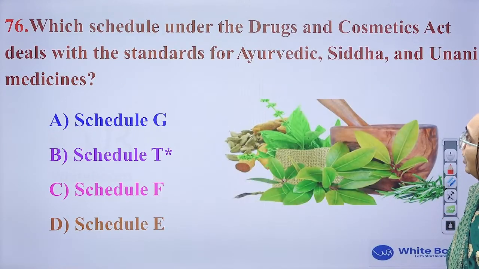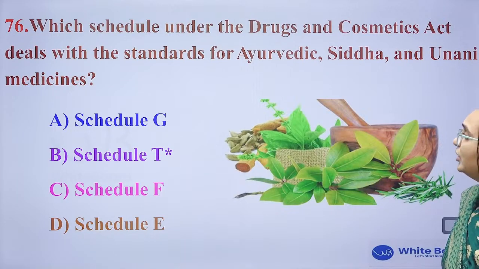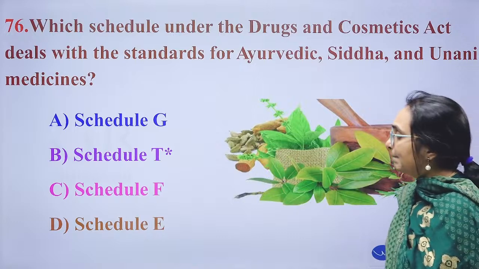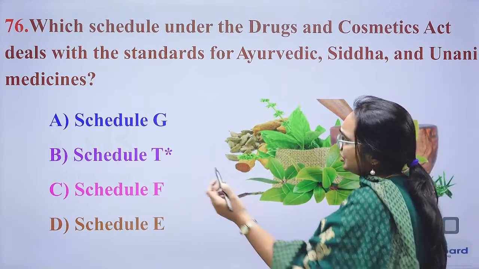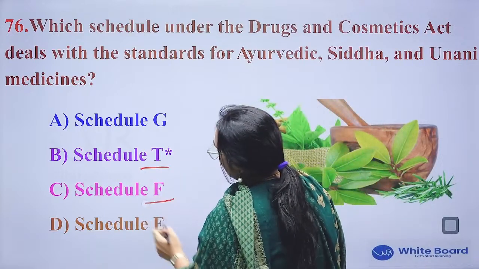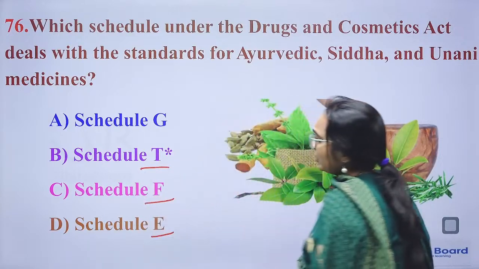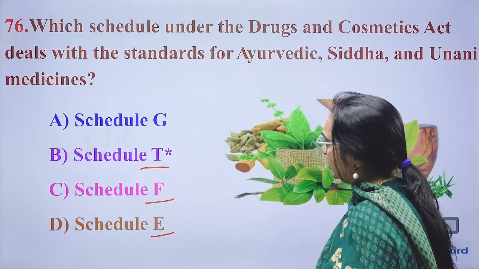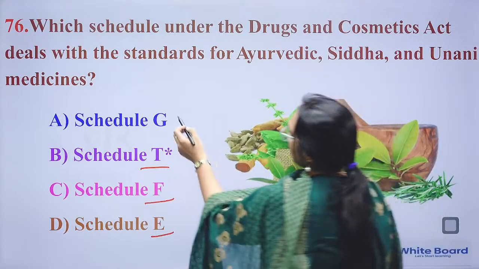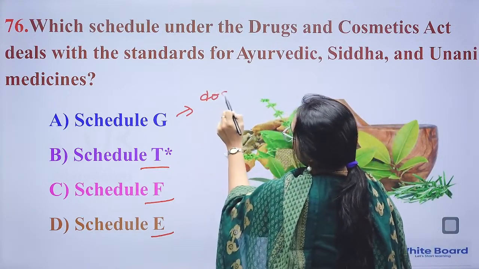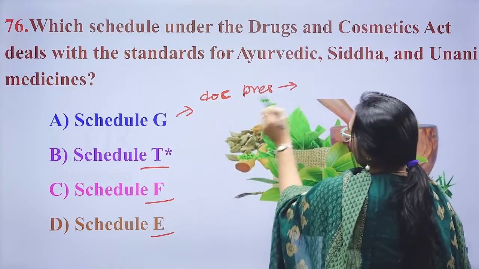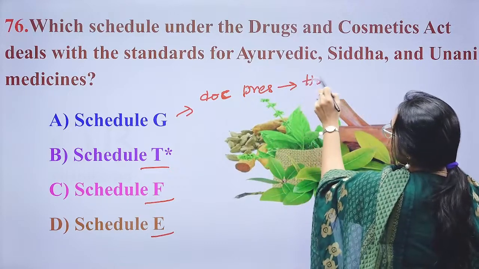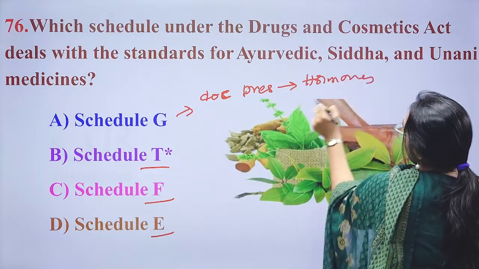Which schedule under the Drugs and Cosmetics Act deals with the standards of Ayurvedic, Siddha and Unani medicines? Schedule G, Schedule T, Schedule F, Schedule E. Schedule G gives you the drugs which require a doctor's prescription, like hormones and anticonvulsant drugs.